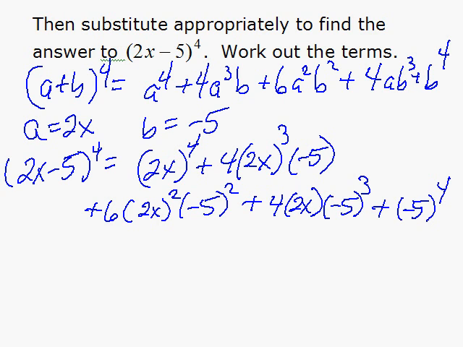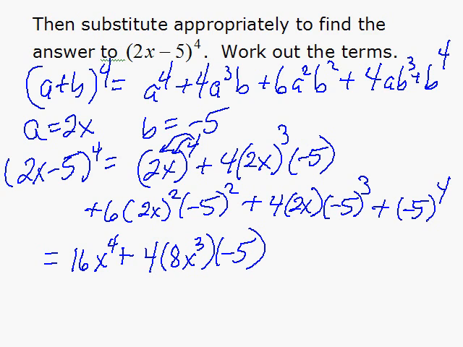I'm going to carry this out a little further. So when I have the exponent here of 4, it has to go onto both of these terms. The whole term, 2x, is raised to the 4th power. So 2 to the 4th is 16, and then x to the 4th. The next one is 4 times (2x) cubed is 8x cubed, and then minus 5, and all that gets multiplied together.